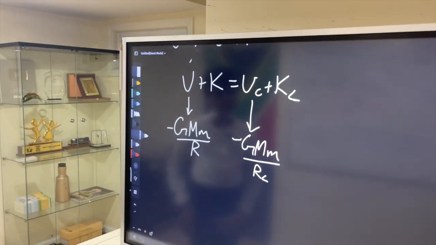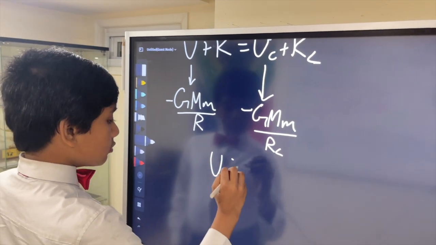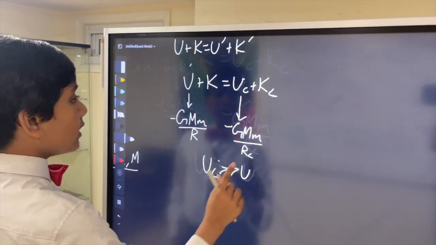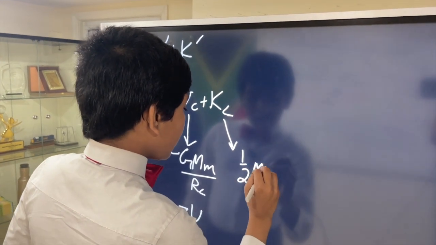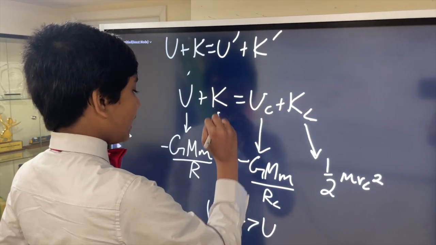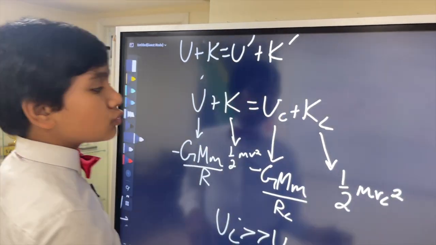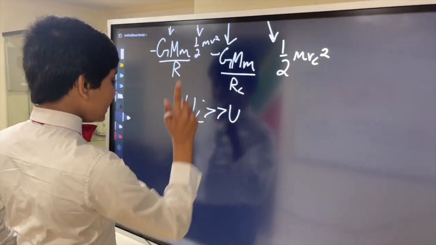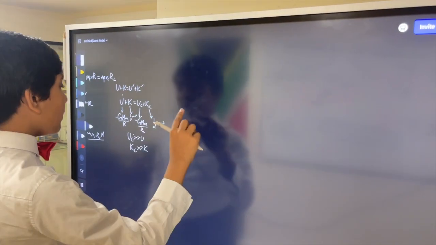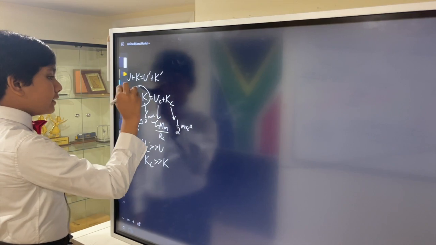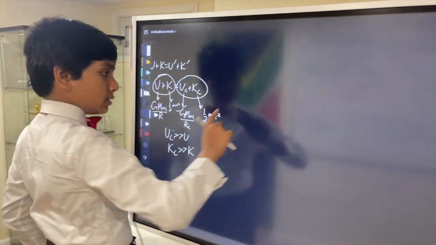And since RC is way smaller than R, that means UC is going to be way bigger than U. And similarly, since KC is half m VC squared, and K is just half m V squared, since VC is way bigger than V, KC is going to be way bigger than K. So that means that this part of the equation is essentially 0 compared to this part of the equation.